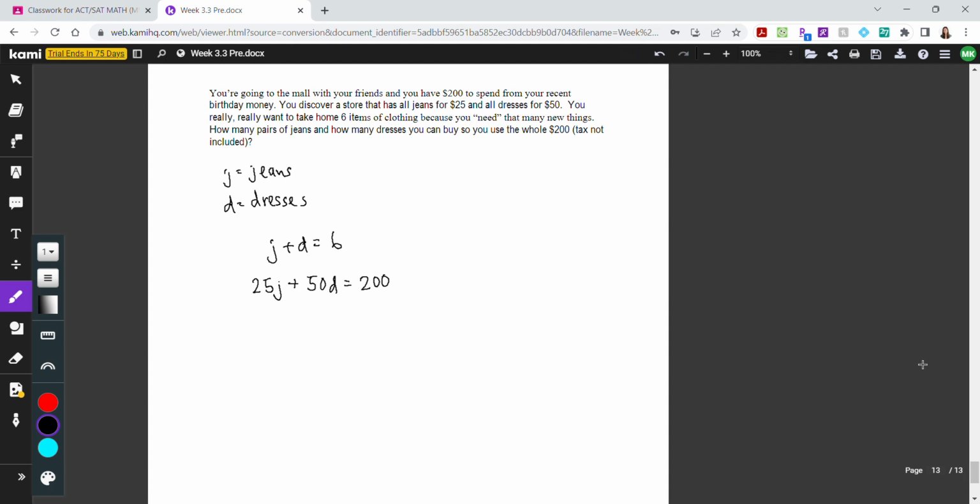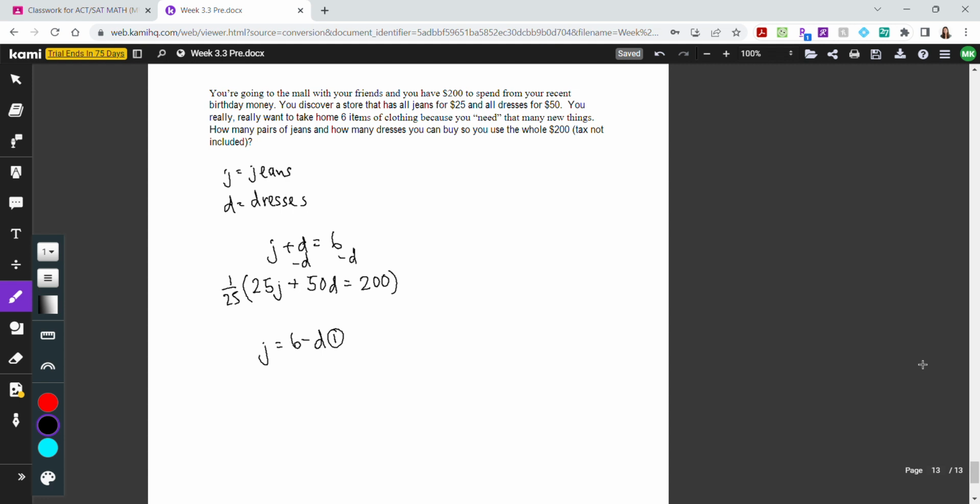So from here, I'm going to do 2 things to make it simpler. I'm going to isolate J for the first equation. And if you look here, 25, 50, 200, these 3 terms can all be divided by 25. So I am going to divide everything by 25. I'm going to subtract D here, right? So now our equations are going to be J = 6 - D. This is our first equation.